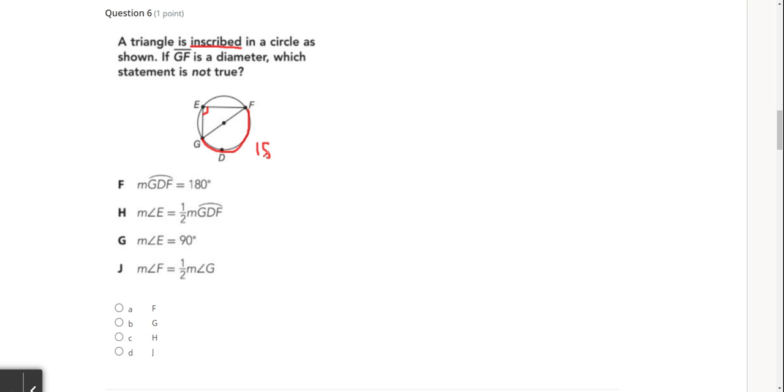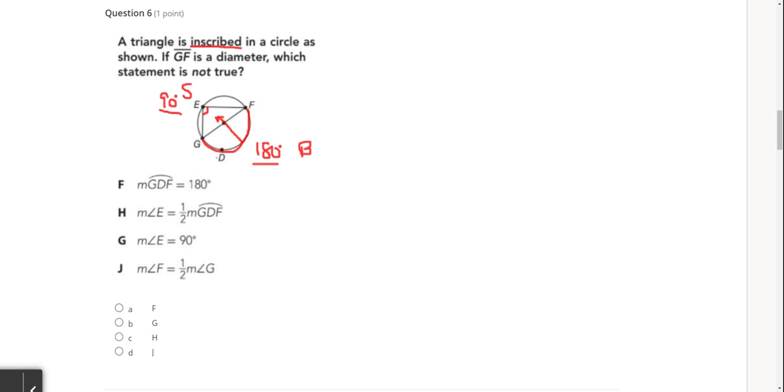So that's 180 degrees. And we know if we're going from the arc to the angle, it's half. So this is big and this is small. So that's going to be a right angle of 90 degrees. So then go through and see which one of these makes sense. There's only one answer that will make any sense if you know that this is a semicircle, so it's 180 degrees, and this is an inscribed angle, so it's half of that.